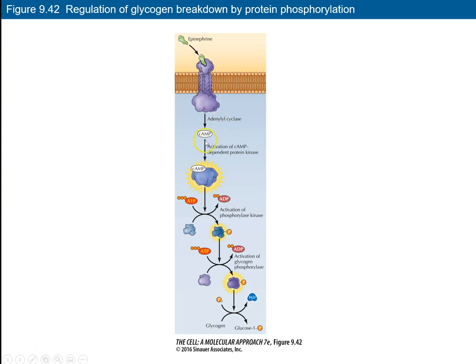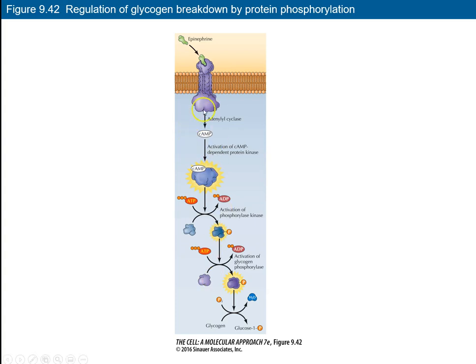A series of things happens inside the cell, and then you have a particular kinase that gets activated. That kinase then will phosphorylate a specific enzyme, which activates it and then leads to glycogen being converted into glucose. So we saw this example before. What we're now focusing on is really this phosphorylation, and that the cell uses phosphorylation as a way to regulate the activity of proteins.